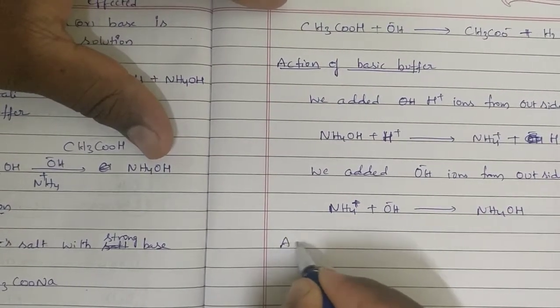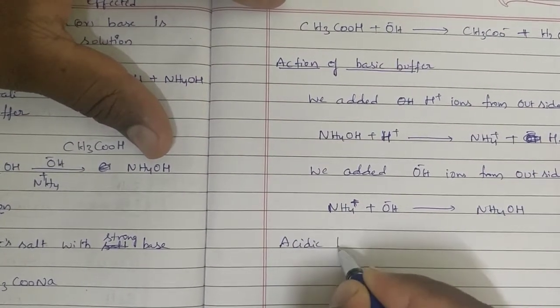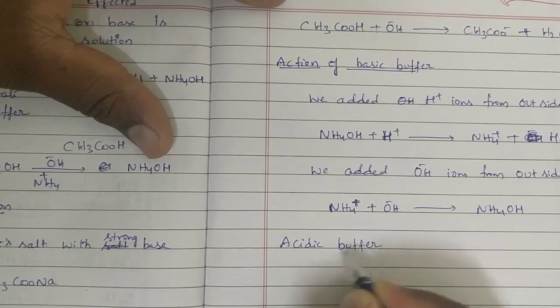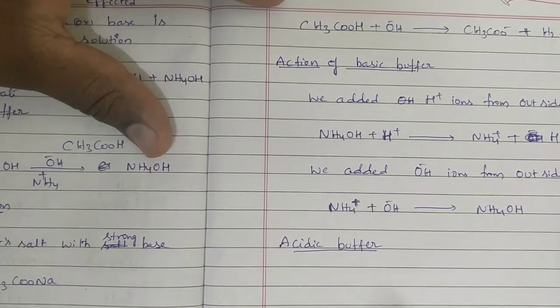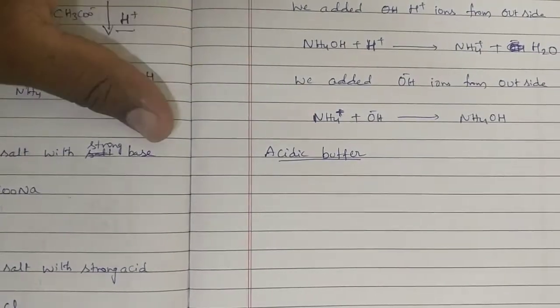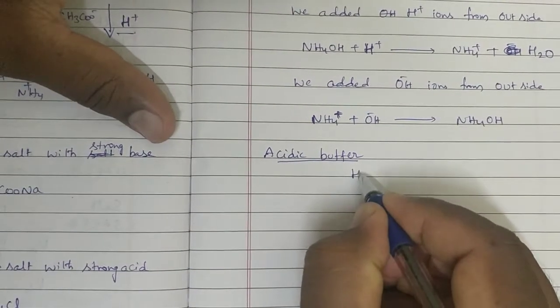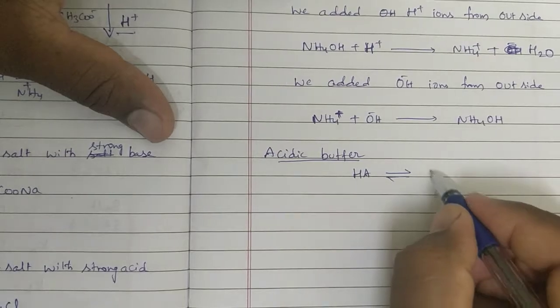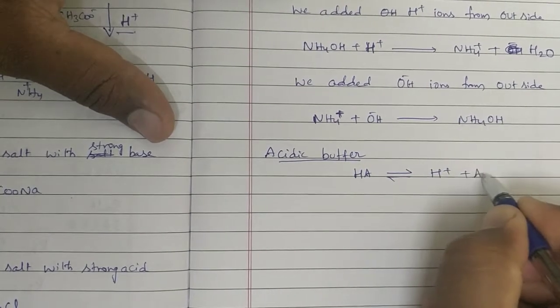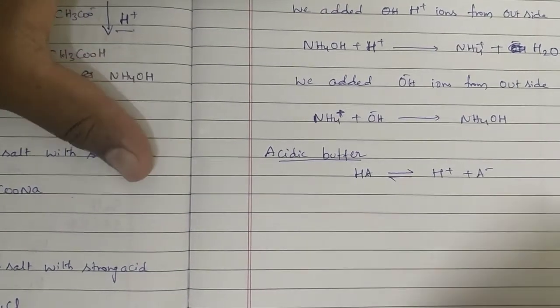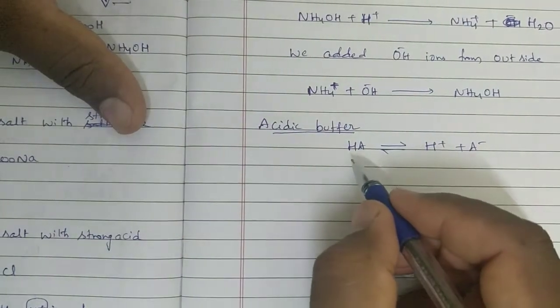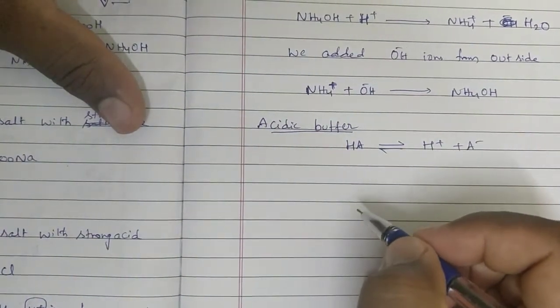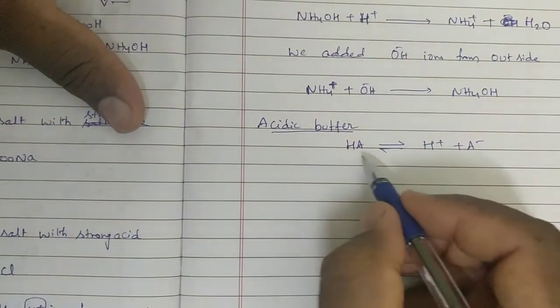Let us keep the side heading acidic buffer. Acidic buffer is represented as HA undergoing dissociation to form H plus ions and A minus ions. We are taking a weak acid only for acidic buffer, so I am taking it as HA.